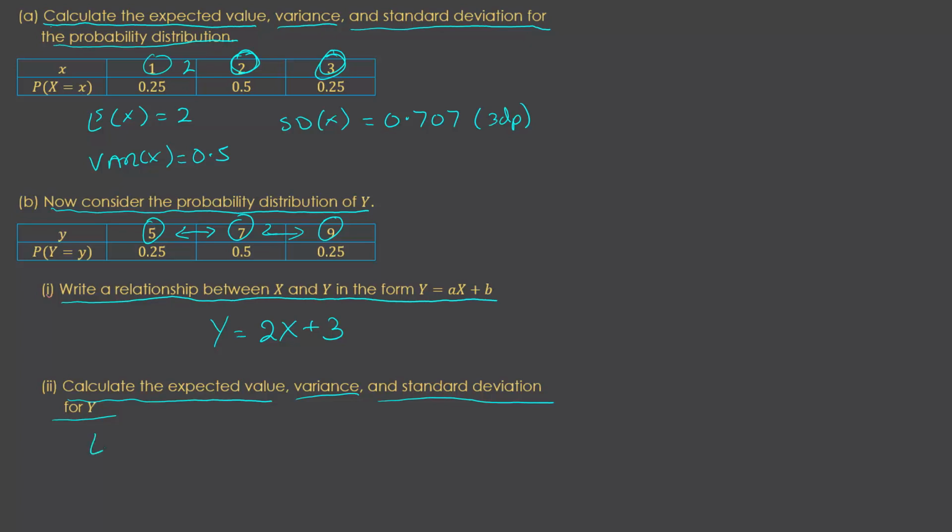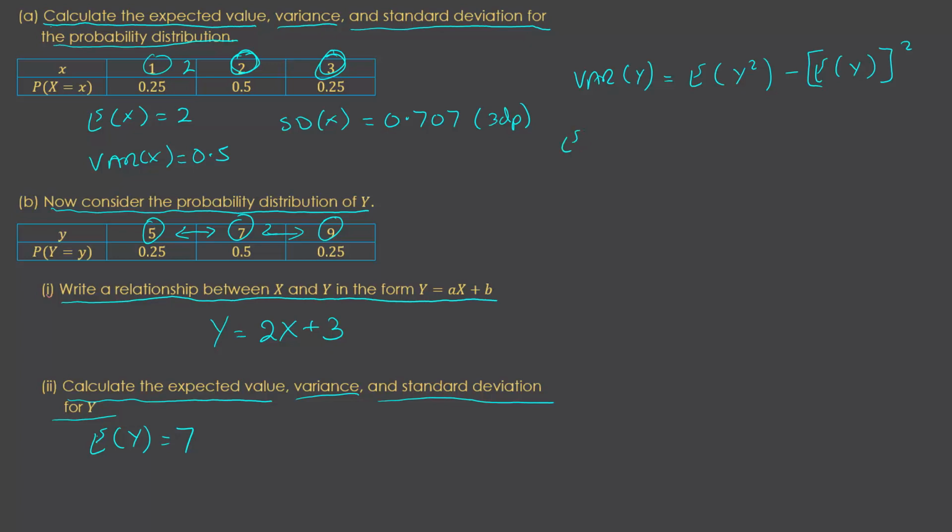Well, because of the symmetry, we know that the expectation of y is just going to be 7. Now, for the variance of y, we know that we want the expectation of y squared, take away the expectation of y squared.